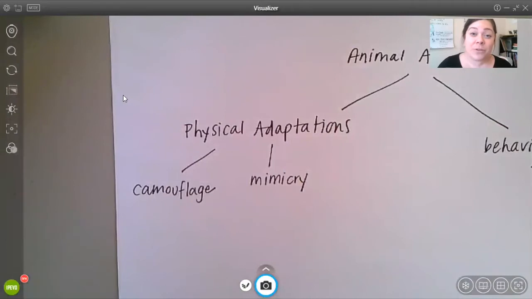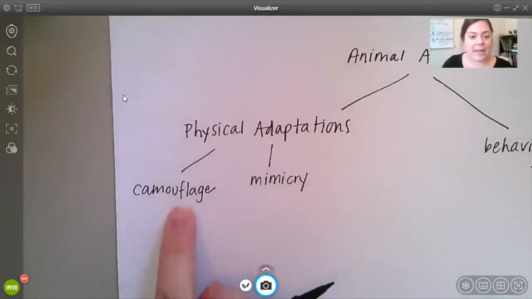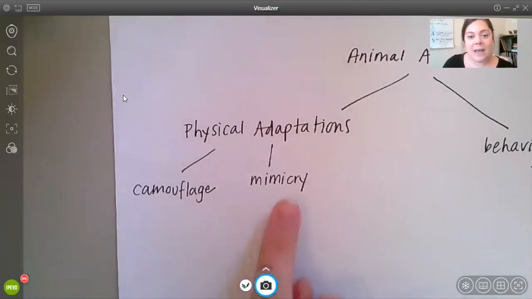That helps a viceroy butterfly to survive because a monarch butterfly is poisonous to many animals. So if an animal comes across a viceroy butterfly, they're going to think that that is a dangerous bug to eat, and that predator is going to move on, and the viceroy butterfly survives. So that is an example of mimicry. Remembering camouflage is blending in. Mimicry is when you're copying the look of another animal.